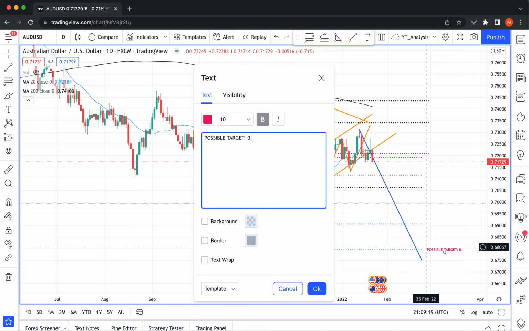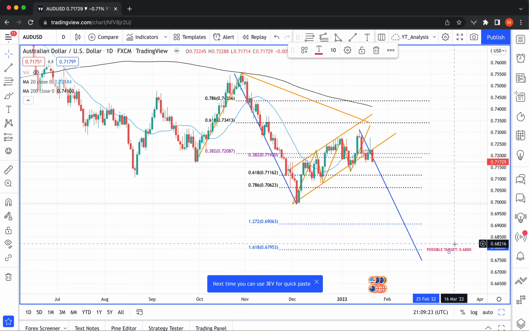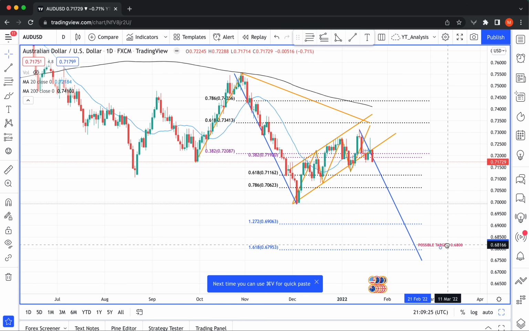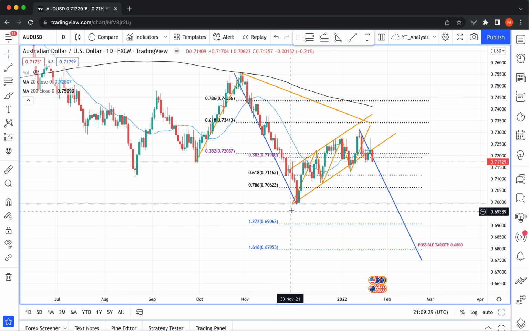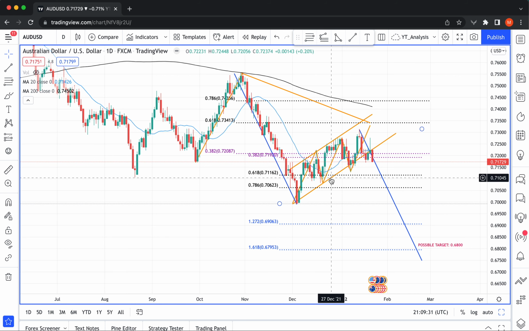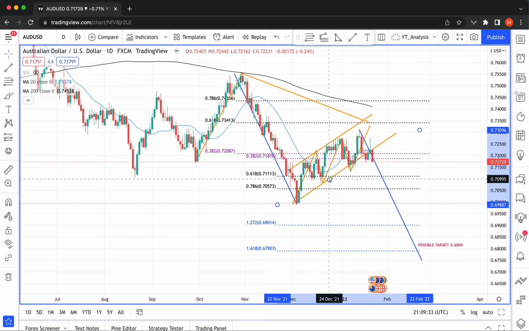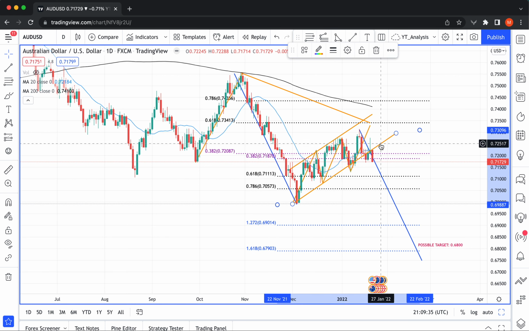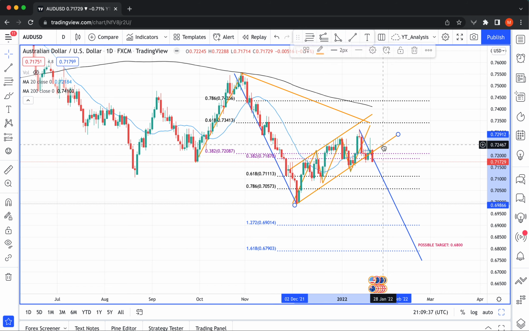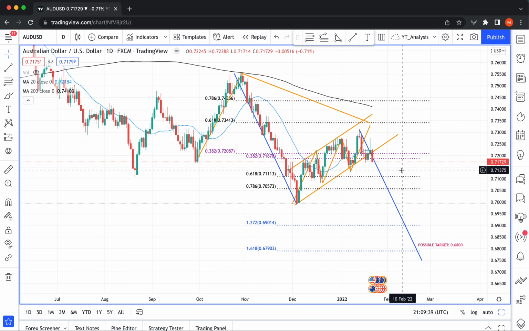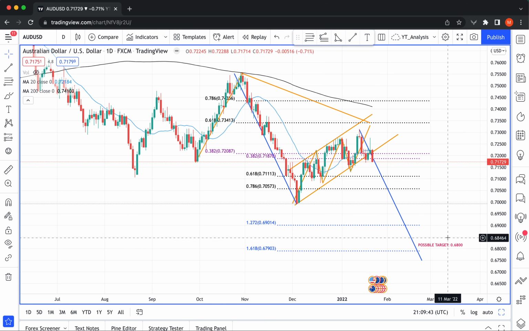We'll roughly say 0.6800 as the round number. That's the possible target. It appears to be breaking below this channel support, drawn by this line here. So as long as these lows get taken out, we could have a possible target of 0.68.